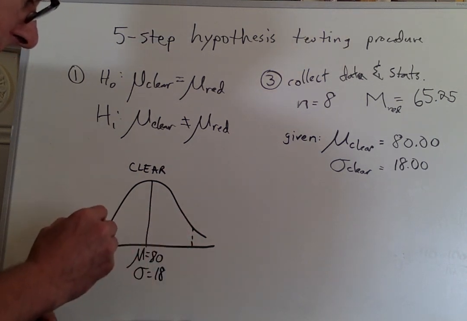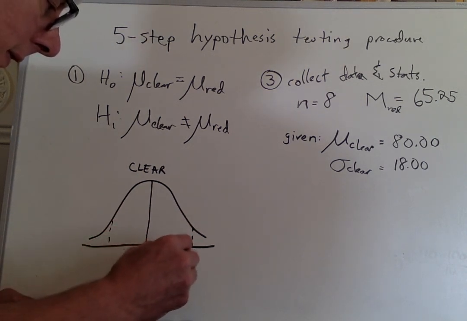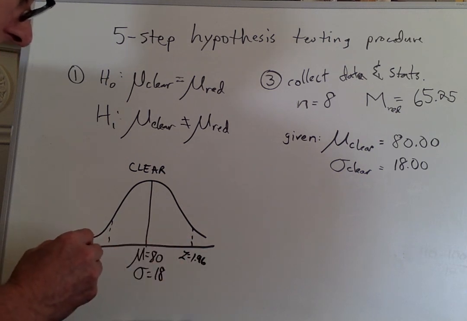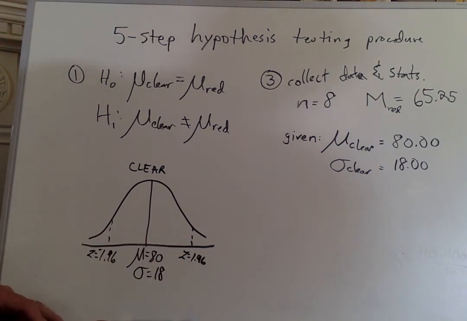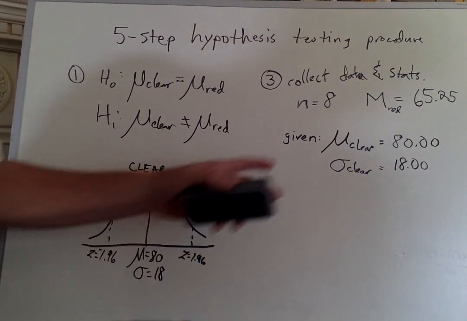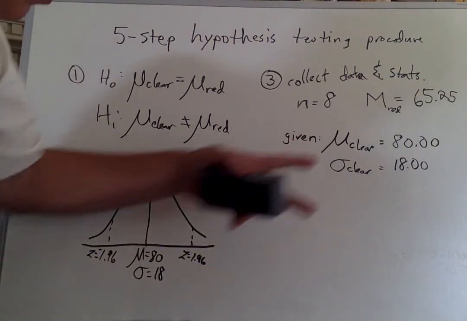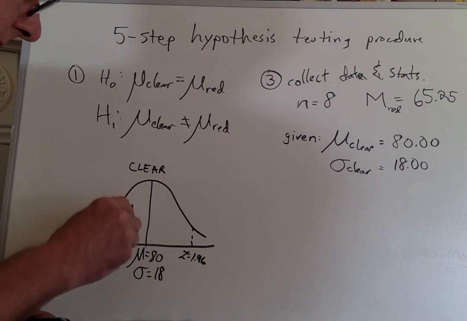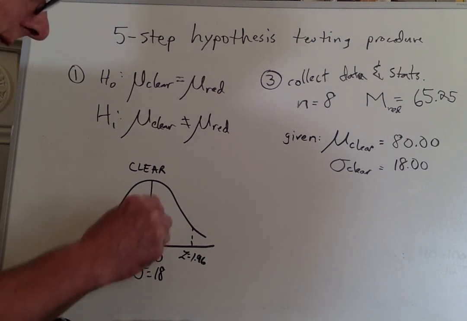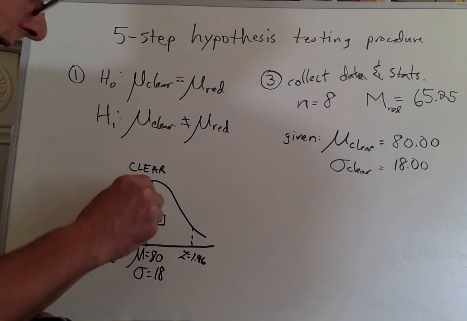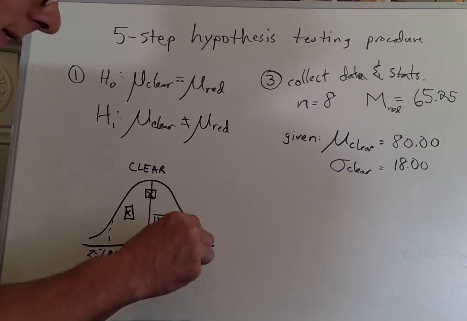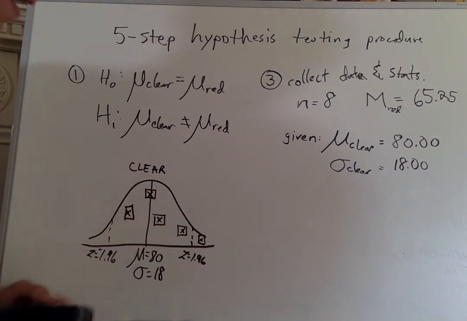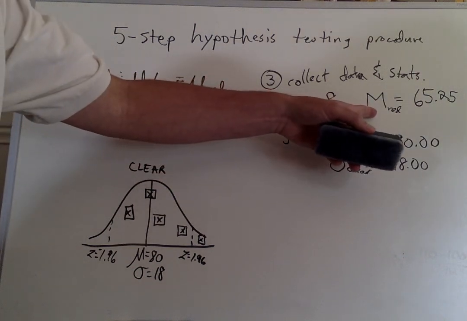Here would be our z-scores, 1.96, okay? However, when you're given this information, these are x values in here. Okay? But we don't have an x value.